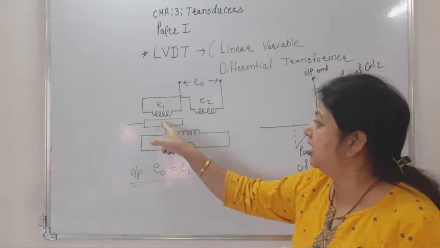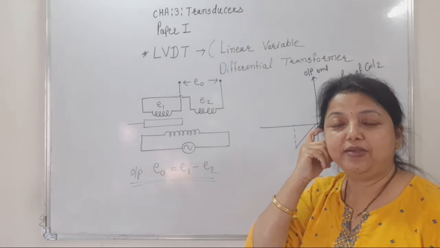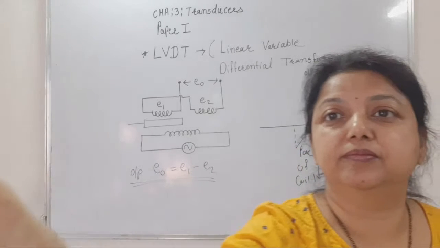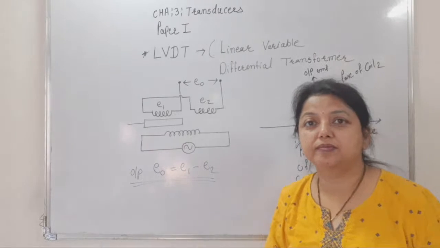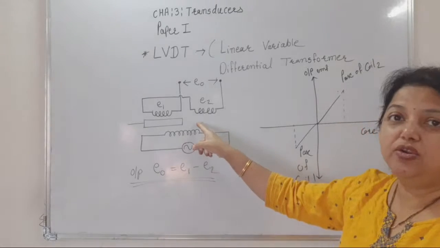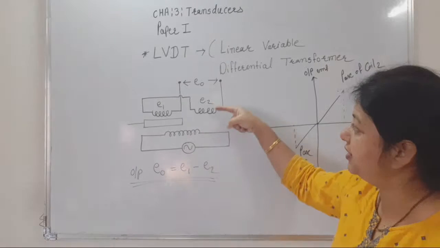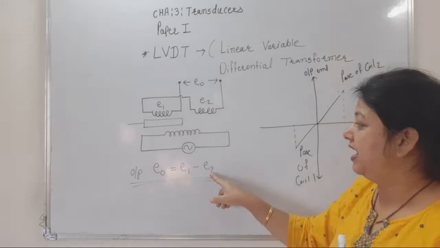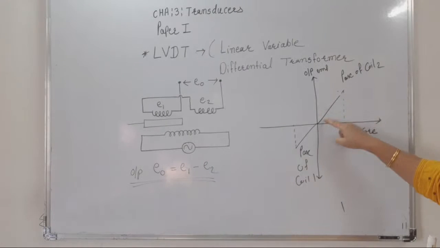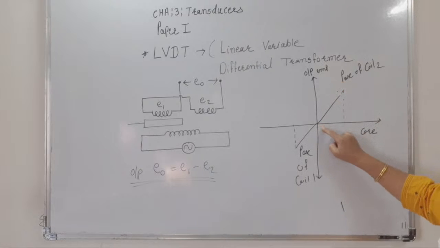Means whenever that rod is on this side, right hand side. When the core is on the right hand side, at that time there is more flux linkage with E2, E1 is less than E2. That's why we get EMF like this. EMF on coil 2 goes on increasing, that we graphically present.